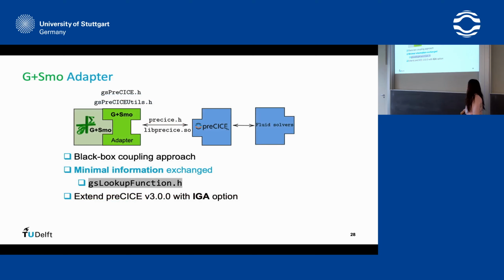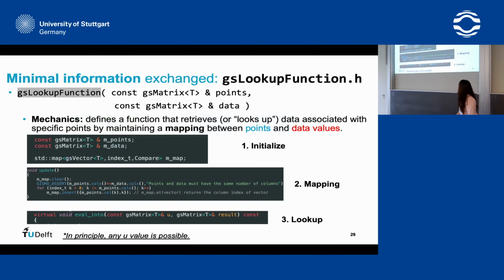Yeah. Our adapter also tries to exchange the minimum information, and we use something called a GS lookup function. Every time you update your control points, the number of points doesn't change, and only the values change. So we get this kind of STL map to map the data value to the data location.